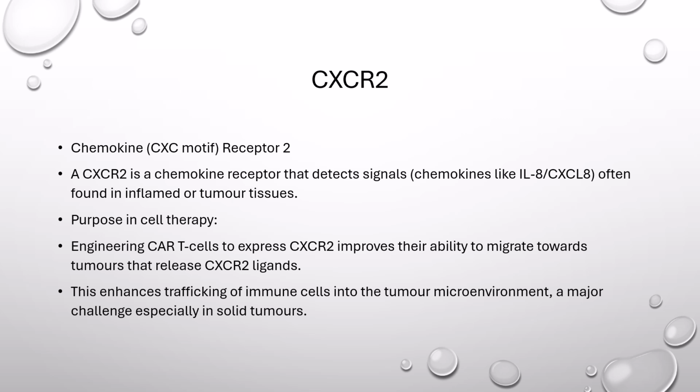Basically, it tells the immune cells where to go. So this happens naturally with neutrophils and other T cells. And the approach is to design the T cells so that they have that characteristic, so that they can now track the tumor microenvironment, which is a major problem.